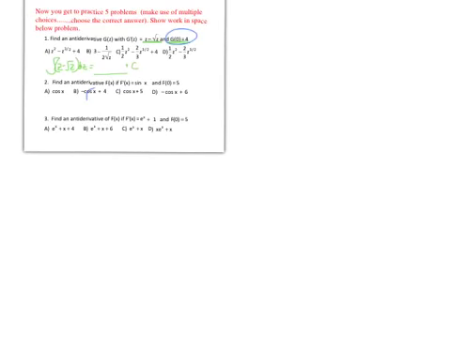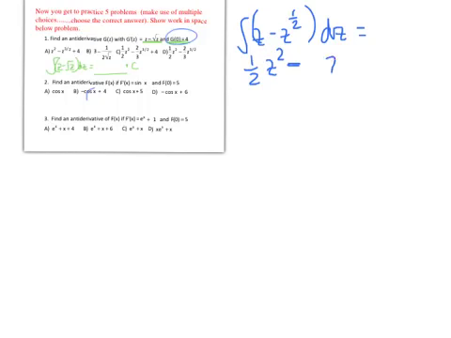When I integrate z minus z to the 1/2, that's what radical z is after all, I get, raising the power by 1 and dividing by the new number, 1/2 z squared, you might write that as z squared over 2, minus, if I raise this by 1, I get z to the 3/2. Then when I divide by 3/2, when you divide by a fraction, it flips it over and multiplies by the reciprocal, so it's 2/3, plus a constant.